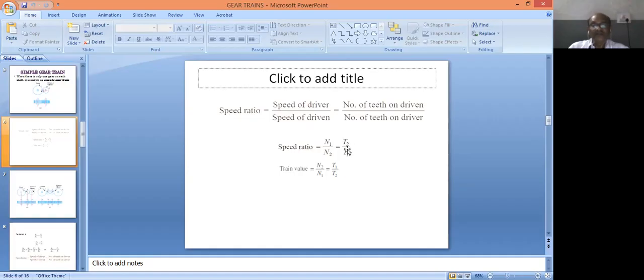In terms of number of teeth, it is equal to T2 by T1. The train value is the reciprocal of the speed ratio, that is N2 by N1. So for the simple gear train, the speed ratio is the speed of the driving gear divided by the speed of the driven gear, equal to the ratio of the number of teeth on the driven gear to the number of teeth on the driver gear.